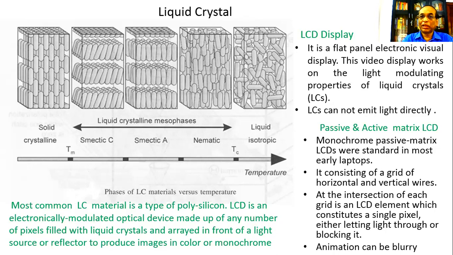So this is the very basic external feature of LCD display. And the mechanism is basically that the light modulating property of liquid crystal is responsible for this, and it cannot emit light.